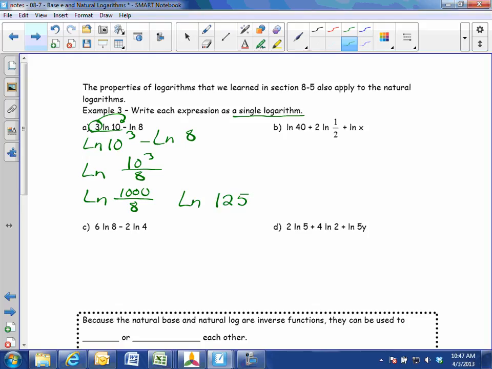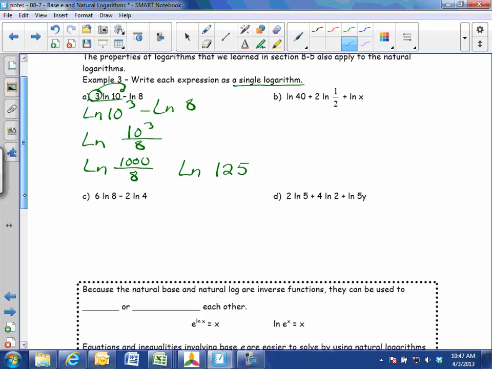Okay, now normally when we see something like this, since we can take 125 and I can take out a perfect power, I can break it down. How can I rewrite 125 so that we have an exponent? 5 to... No, I don't want e in there.